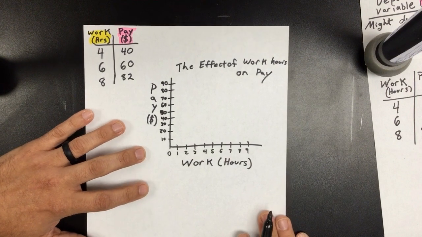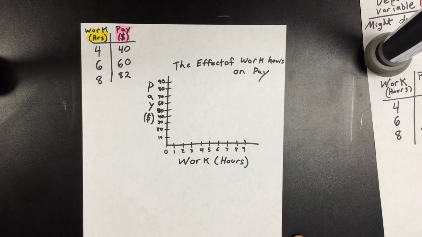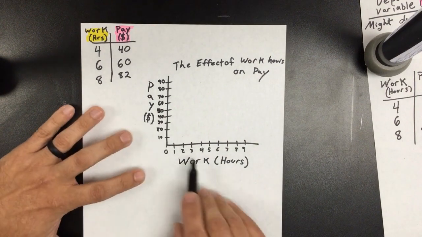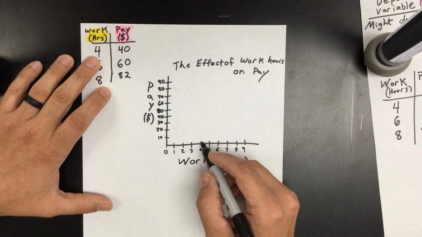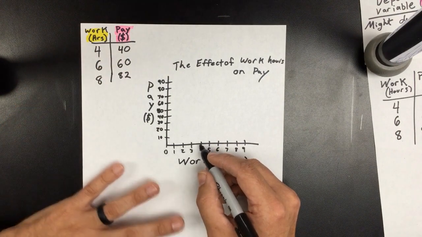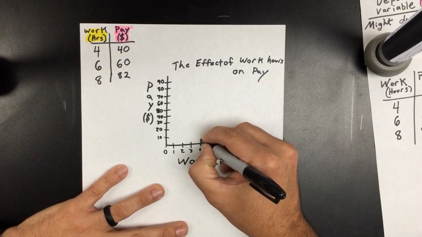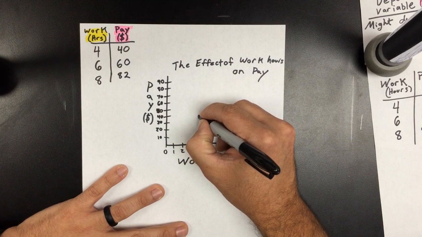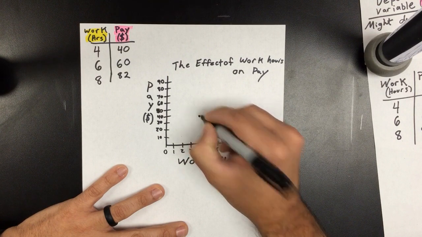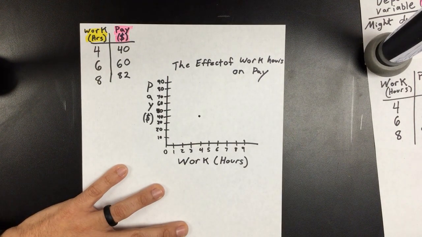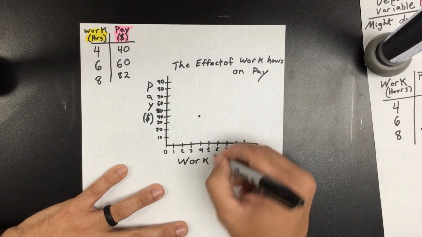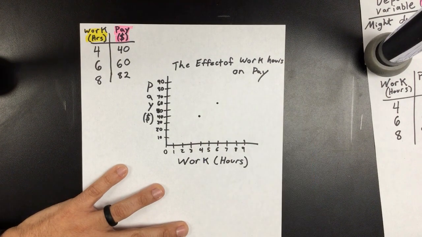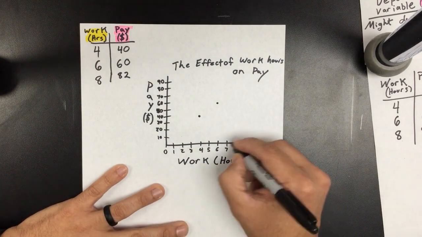Now last, I'm going to plot my points. Okay, so I know that this is the x, so I'm going to go 4, and then I got to go up to 40 and see where they meet. So I'm going to go from 4 up until I get about where 40 is. I'm going to put a dot. I'm going to go 6 to 60. So on 8 to 82.